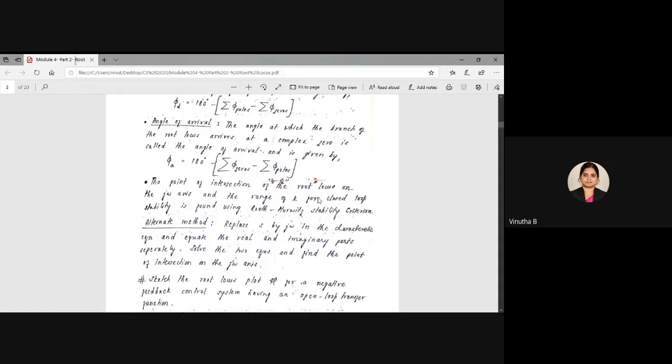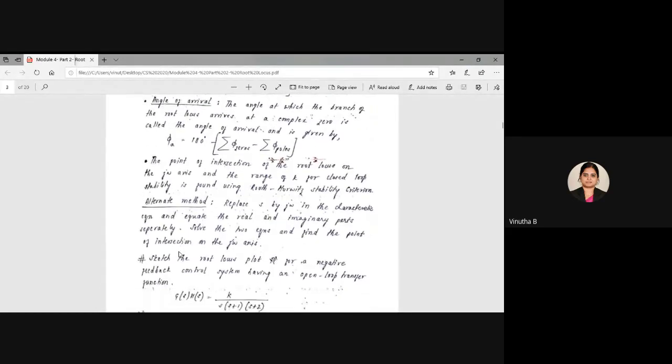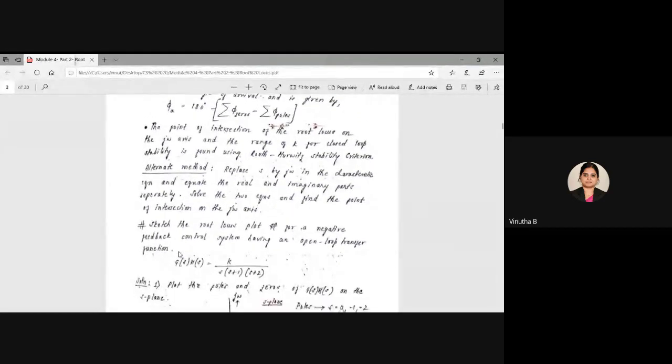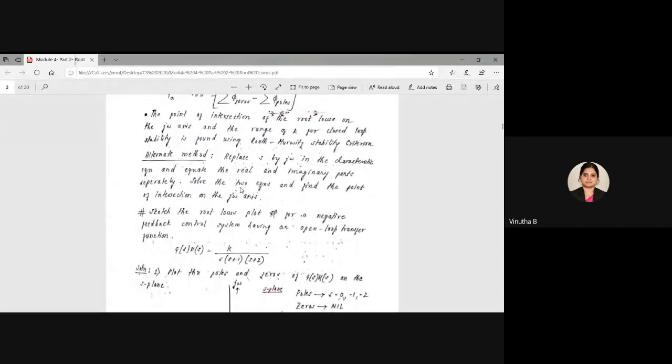There is also one alternate method. Instead of the Routh array, you can replace s by jw in the characteristic equation and equate the real and imaginary parts separately. Solve the two equations and find the point of intersection on the jw axis. Either of the two you can do as per convenience.